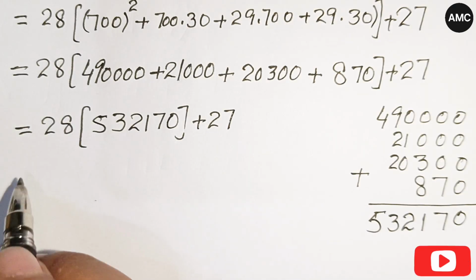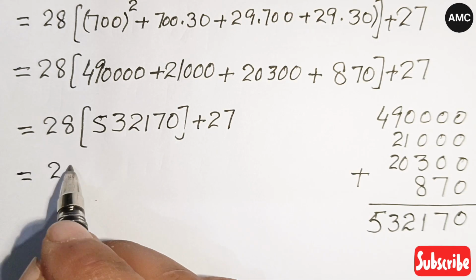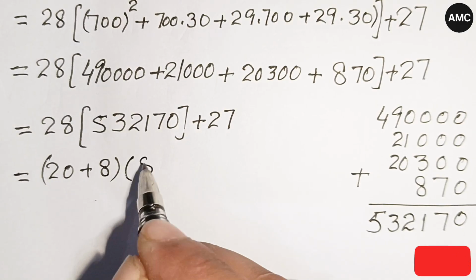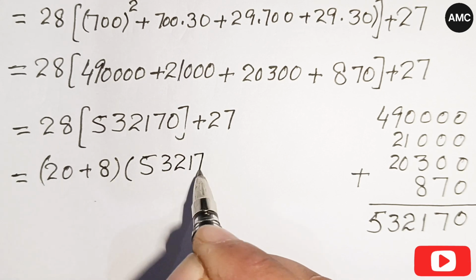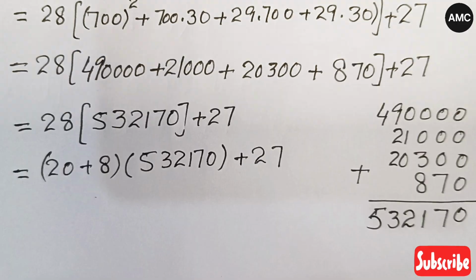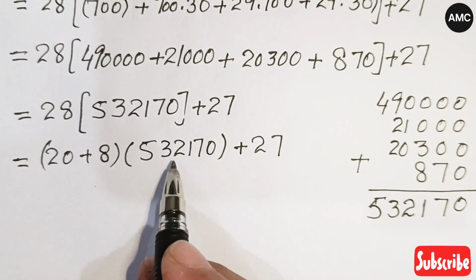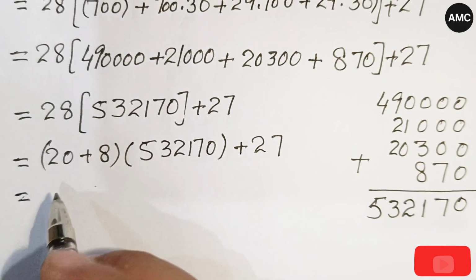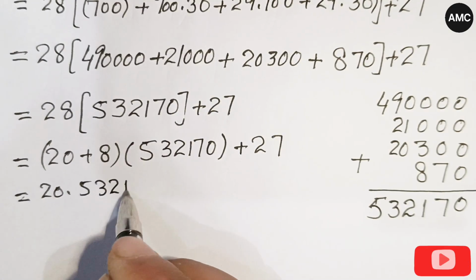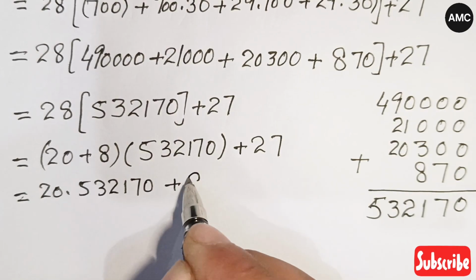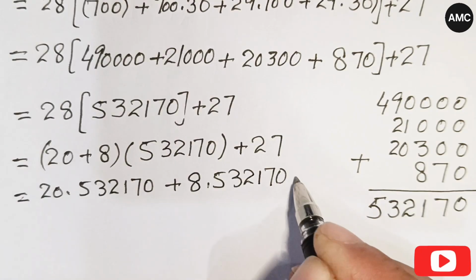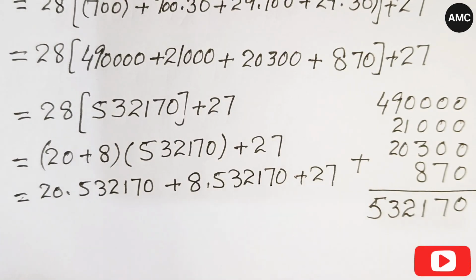Now this 28 can also be written as 20 plus 8 times this 532170 plus 27. Multiplying this 20 with this one, we get 20 times 532170 plus 8 times 532170 plus 27.